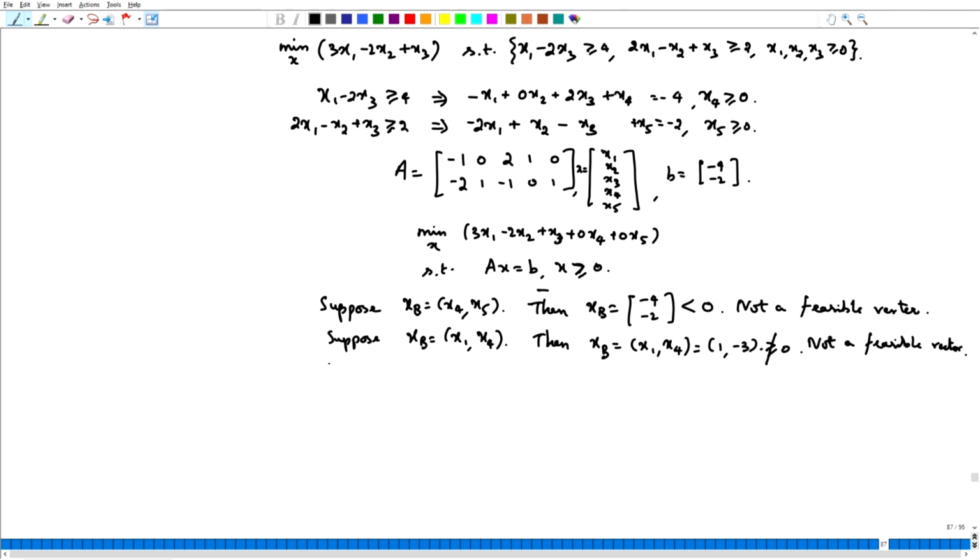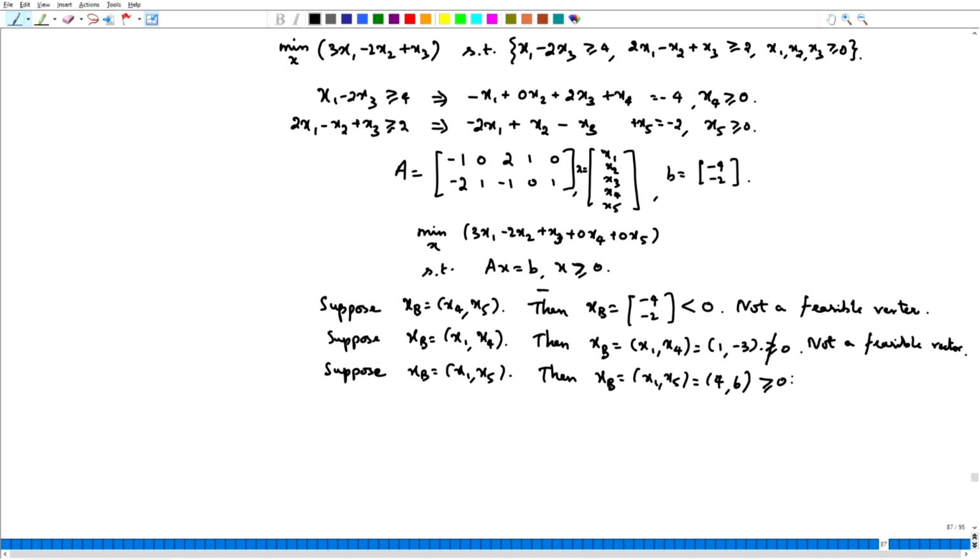Fine. So, we will now select x1 and x5. Then xb is x1 comma x5. Here you have minus 1 and 0. So, x1 is 4. 4 into minus 1 is minus 4, and 0 into whatever is 0. So, that is minus 4. Now, you have minus 8 and 6.